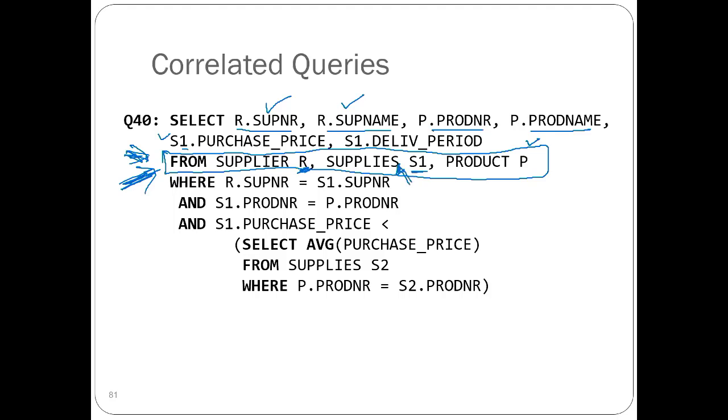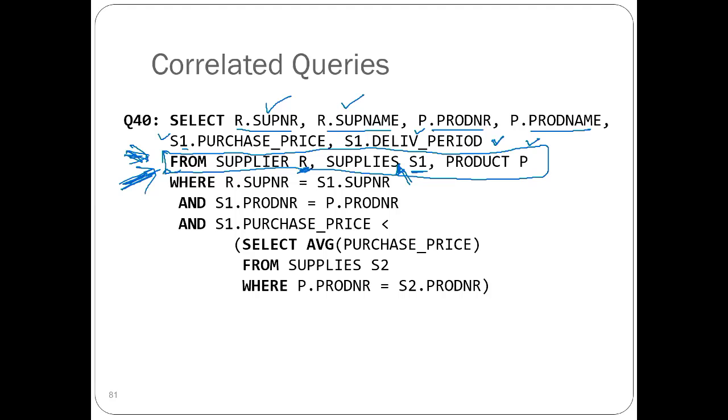The supplies table has the relationship between the supplier and the product, and the price that we have is an attribute of the relationship. The delivery period is also an attribute of the relationship, supplies.